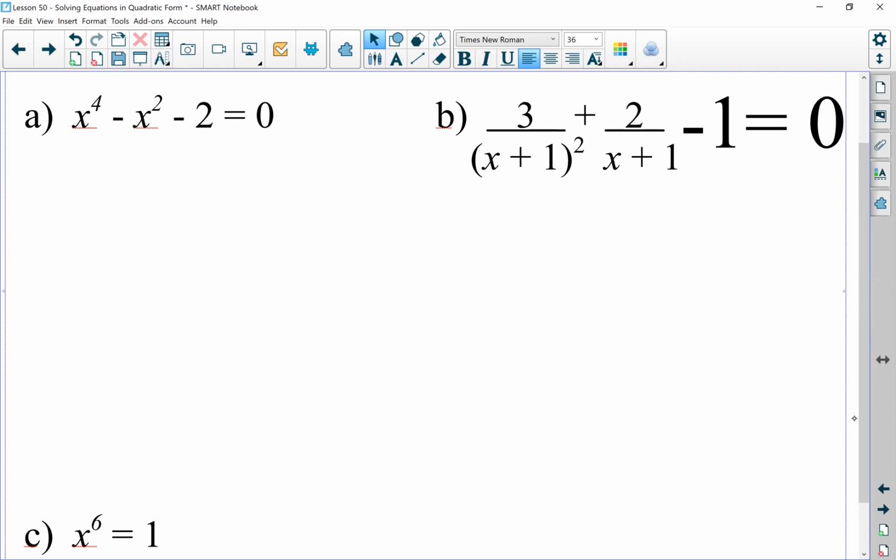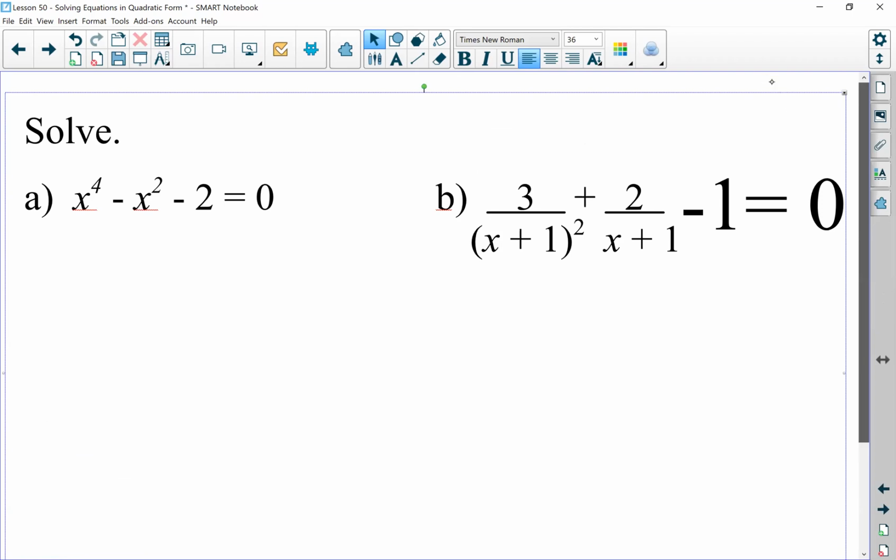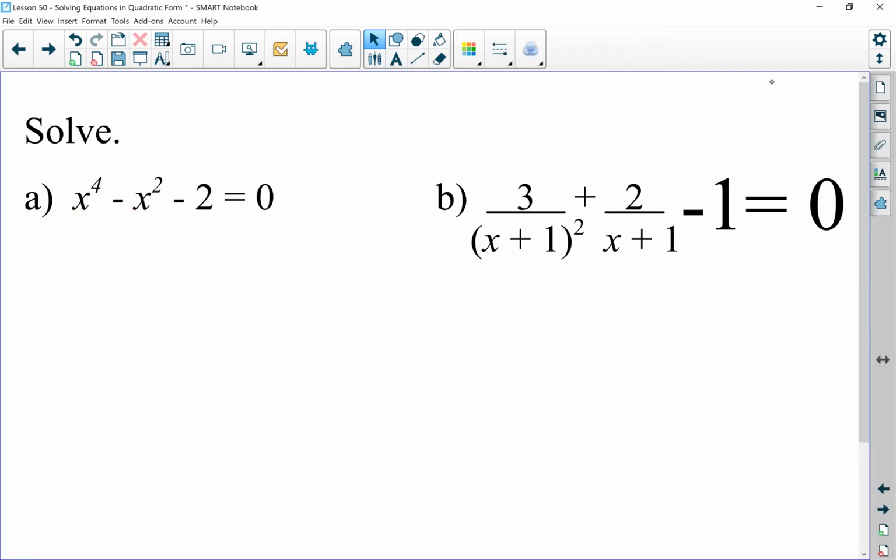All right, so the first thing we want to look at for problem number 1 is the variable in the first term: is the exponent double the exponent in the middle term? Yes. So what we can do is make a substitution. I'm going to let w equal x squared.